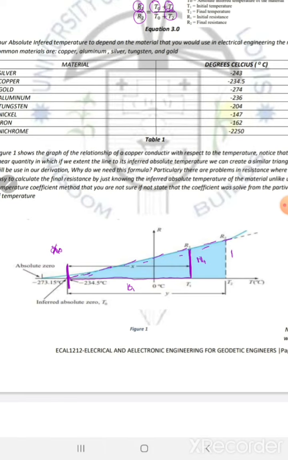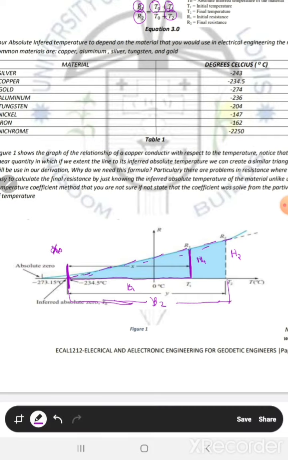Height 2 is your R2, and this will be your base 2. Take note that in figure 1 we are relating temperature with resistance, assuming that we are solving at the inferred absolute zero temperature. Normally, negative 234.5 is the inferred absolute temperature of copper.